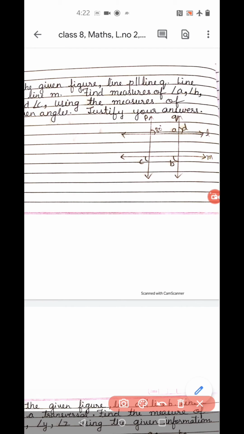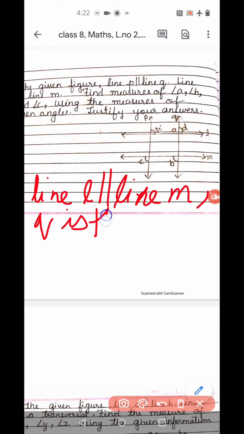Next, A we have found out. Now we have to find out B. Here also we can see that line L is parallel to line M and line Q is the transversal. That is, we can say line L is parallel to line M and Q is the transversal.